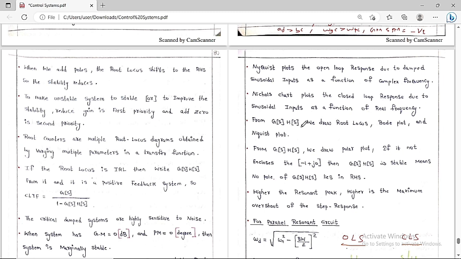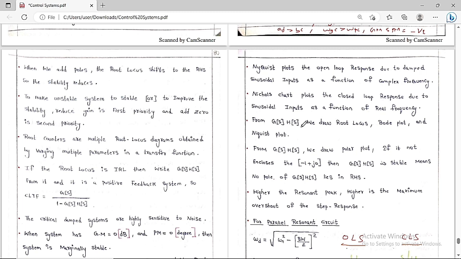So for a Bode plot, we are going to consider the undamped sinusoidal input. Whereas for the polar plot, we are going to consider the undamped sinusoidal input. Whereas for the Nyquist plot, we are going to consider the damped sinusoidal input. Whereas for the Nichols chart, we are going to consider the sinusoidal inputs or undamped sinusoidal inputs. So finally, listen carefully.